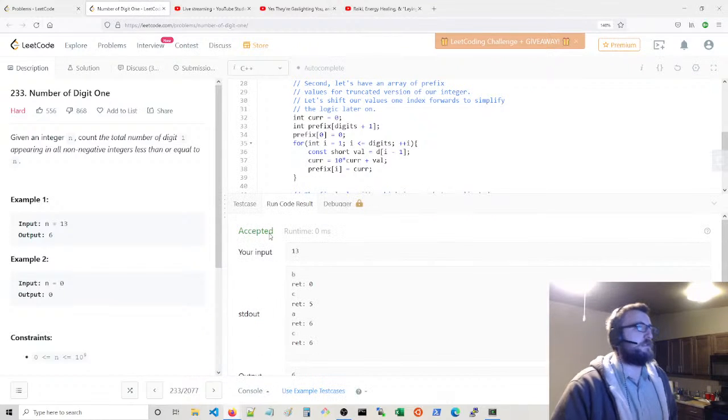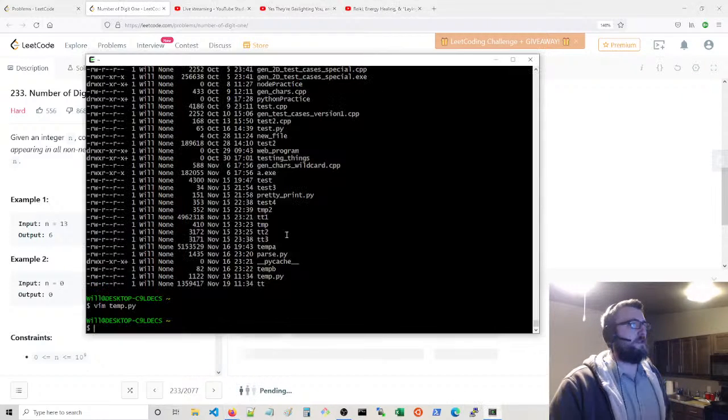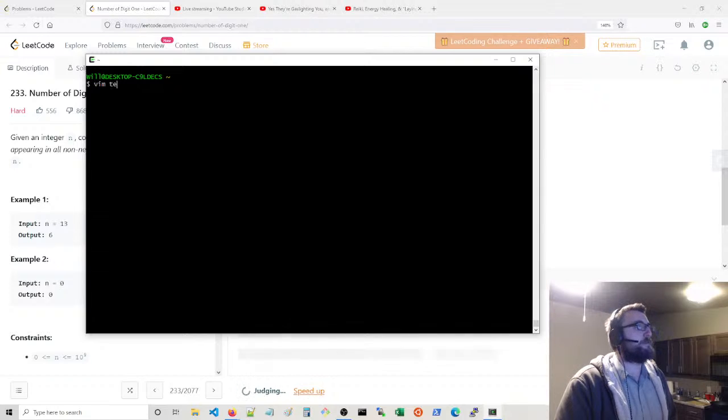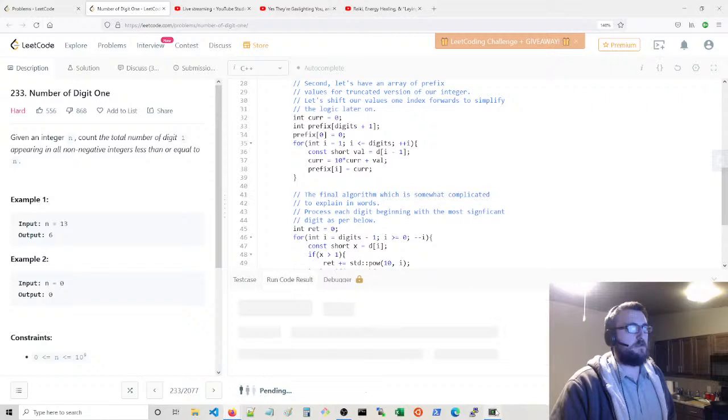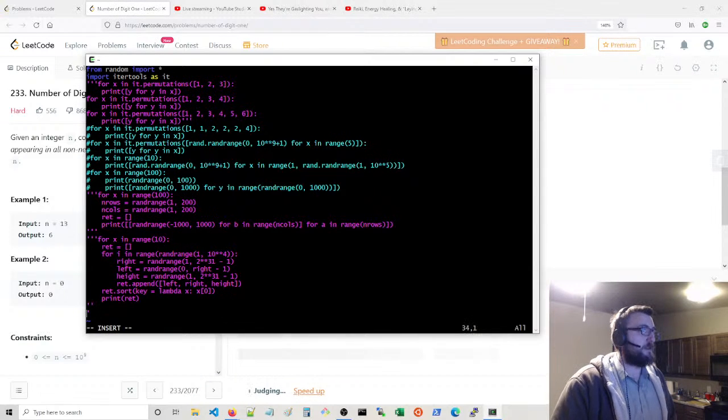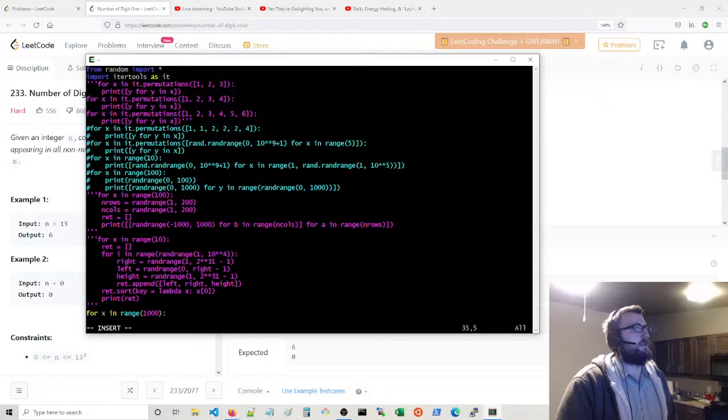All right, and let's generate a whole boatload of cases with our Python script here. We can do a for range, let's do 1,000 numbers, and we're going to print, yeah, 1,000 is fine.